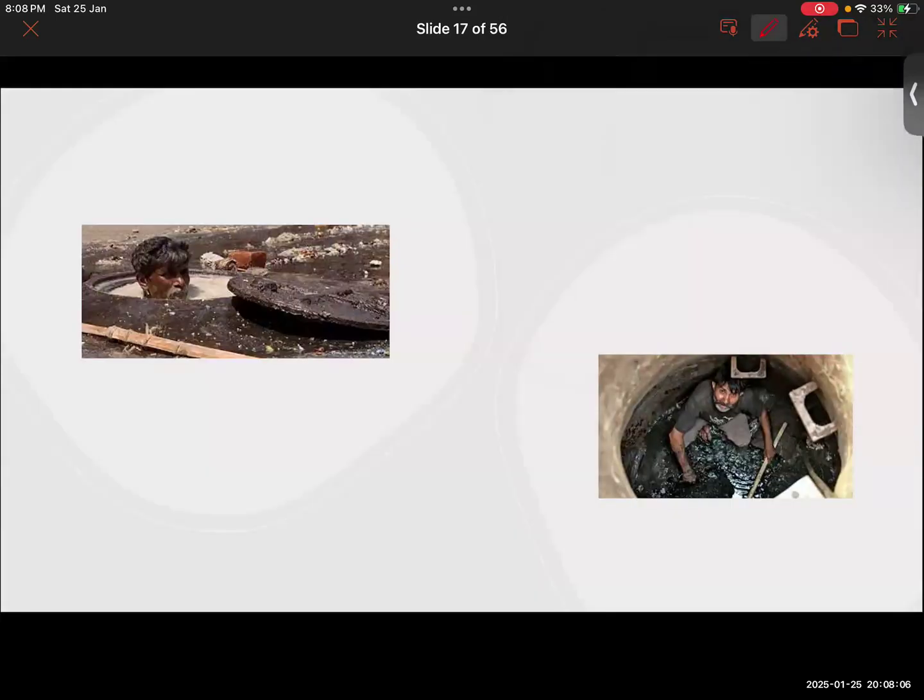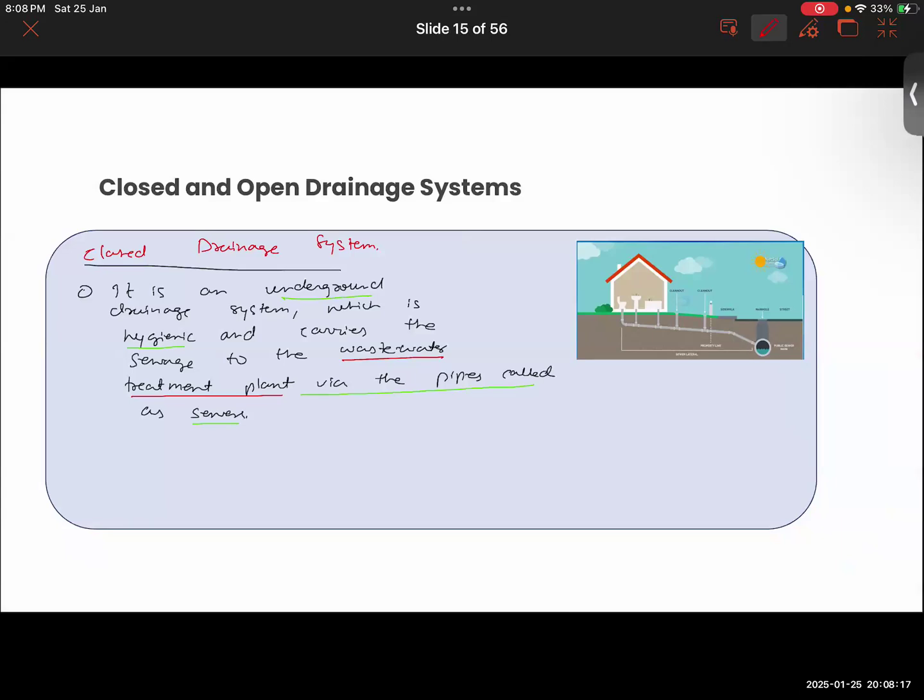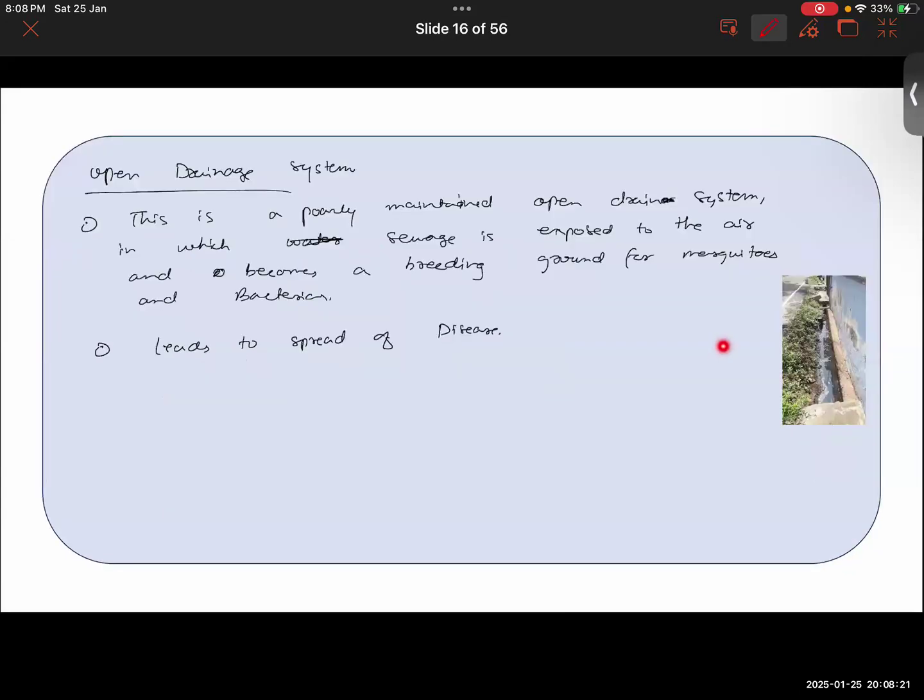Now, even in India, although in different cities we have the closed drainage system, the one which we have discussed earlier, this open drainage system is usually in such places which are not well developed, in the backward regions particularly.